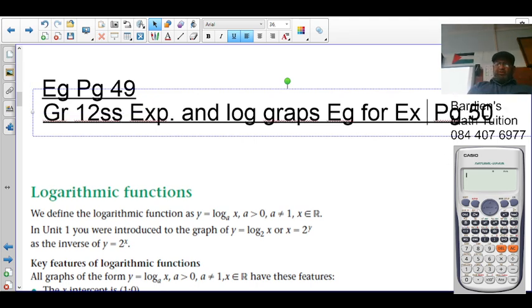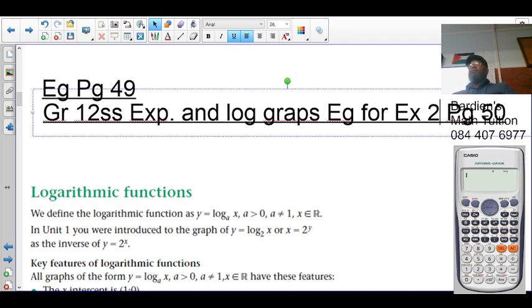So yesterday we looked at exponential functions and we did its inverse, which is the log function. And the inverse of the log function is the exponential function. The only time you work out the inverse function and there's a log is when you're busy with exponents.